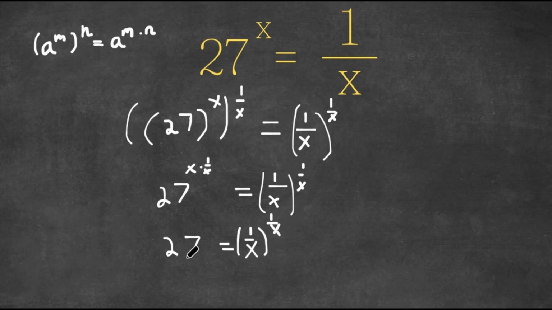Now, I'm actually going to rewrite 27 as 3 to the power of 3, because 27 is 3 to the power of 3, and this is still equal to 1 over x to the power of 1 over x.